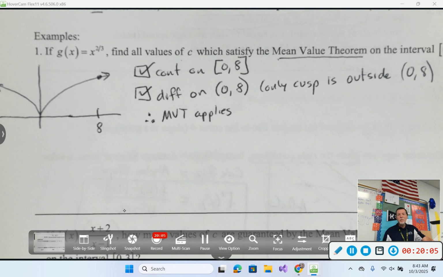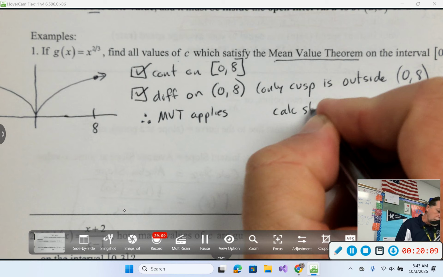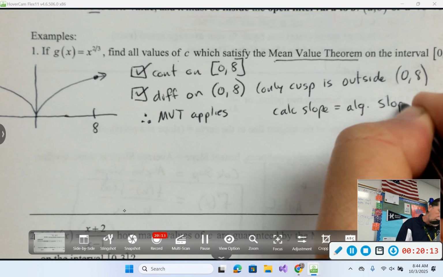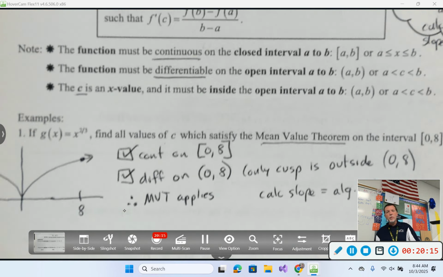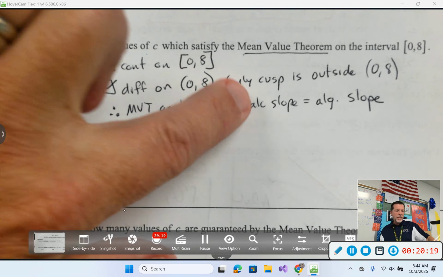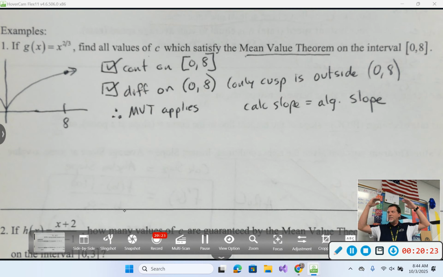When I'm doing an MVT problem, I start all the way back with calculus slope equals algebra slope. Some people will memorize the formula, but I already know what the calculus slope means, and I know what the algebra slope means, so I like to just start at the top.